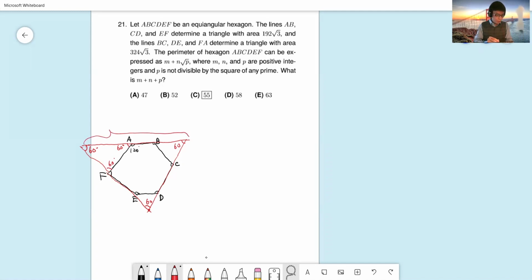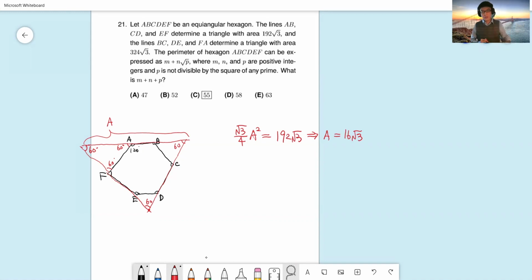Let me call this side length A. The area is given by √3/4 A squared. That's the area formula for an equilateral triangle. It's given as 192√3. So this means that A equals 16√3.